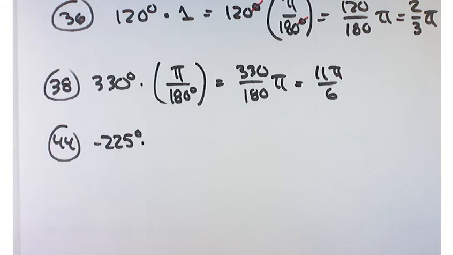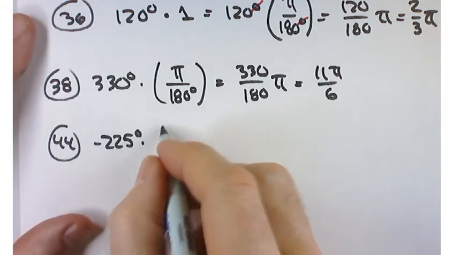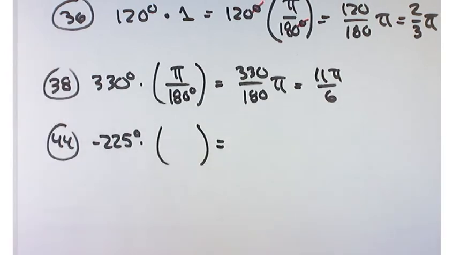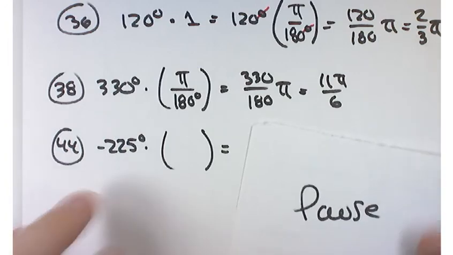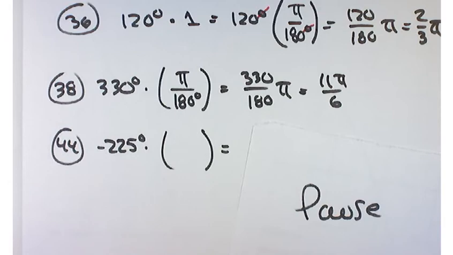Why don't you try problem number 44? Play the same game. So James, what am I going to multiply by in this case?